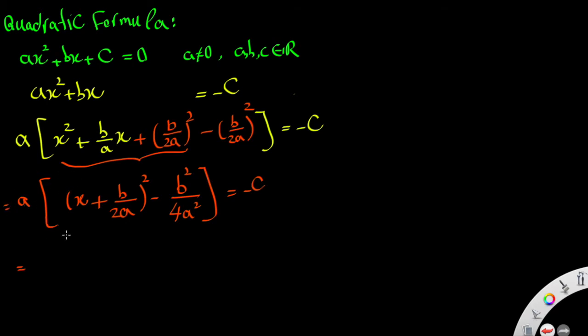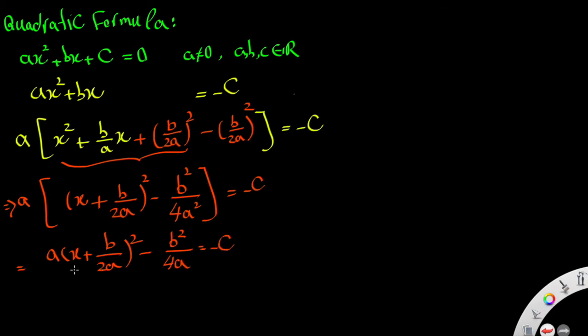Now I multiply by a: a times x plus b over 2a to the power of 2 minus, if you multiply a by this expression, one of the a's cancels out, so it simplifies to b squared over 4a, is equal to minus c.